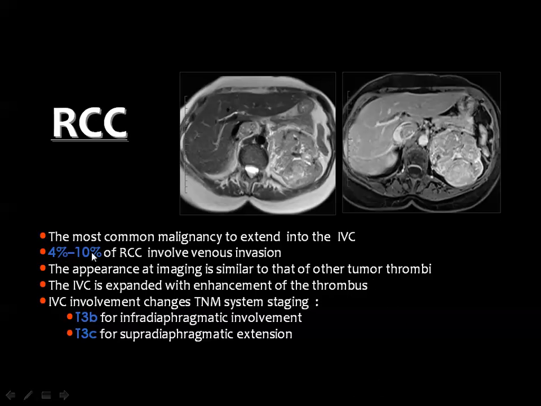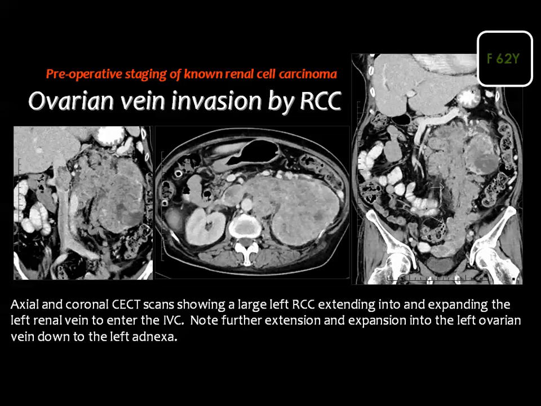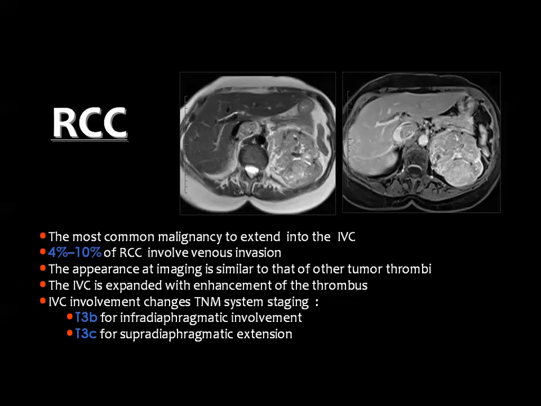4 to 10% of the renal cell carcinoma will involve or can involve the venous system, including the renal vein to start with, then the IVC, then going to the right atrium. Then one of the findings that can support the tumor invasion rather than bland thrombus.